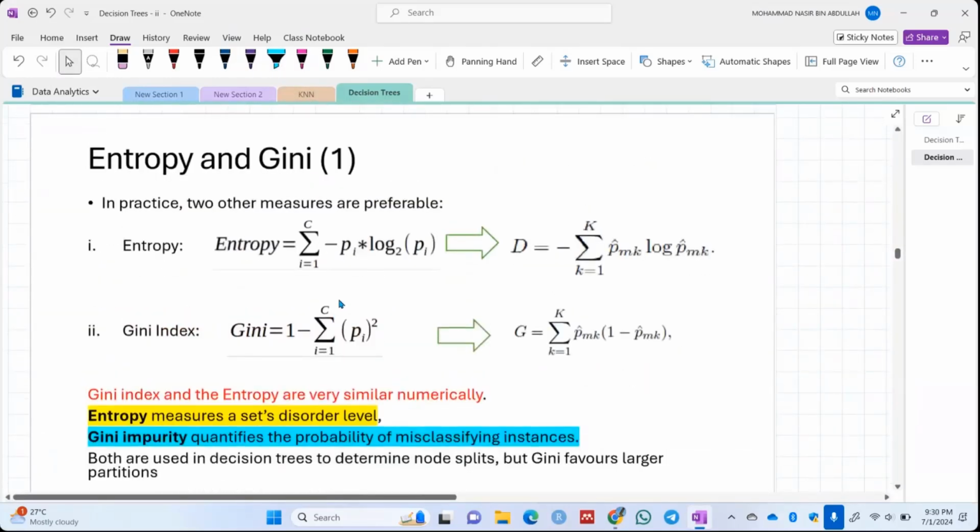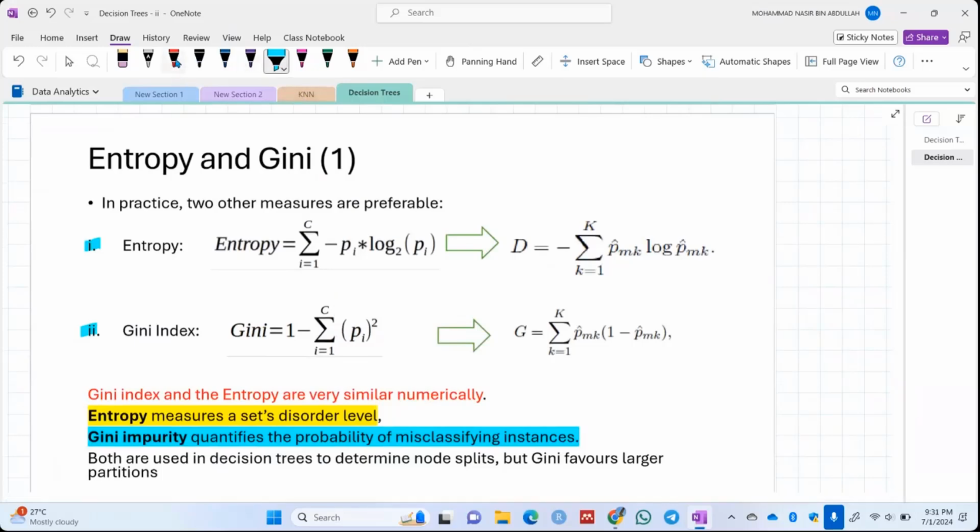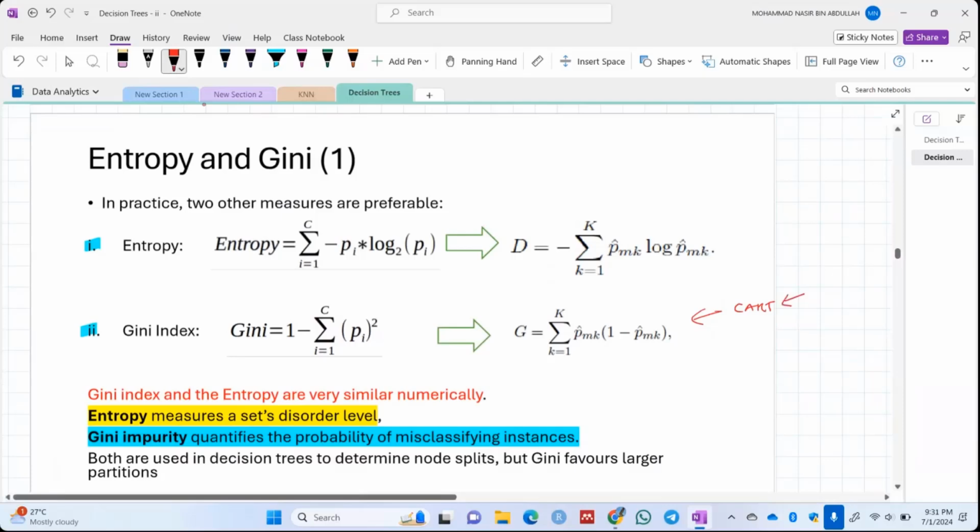So this is the formula for entropy and Gini index. We will focus on entropy and Gini index for this subject. Classification and regression tree, CART, was introduced by Breiman in 2001.